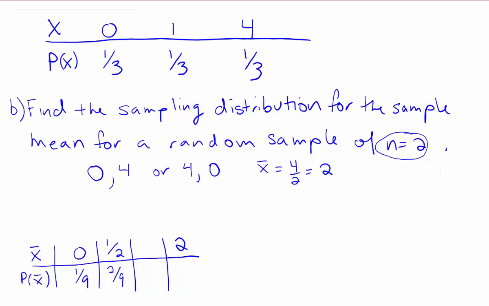Now, what's the probability? Well, remember, each one has a 1/3 chance of occurring, but the word or means to add, so you have two ways you can get this. And again, that means that there is a 2/9 probability of ending up with a sample mean of 2.